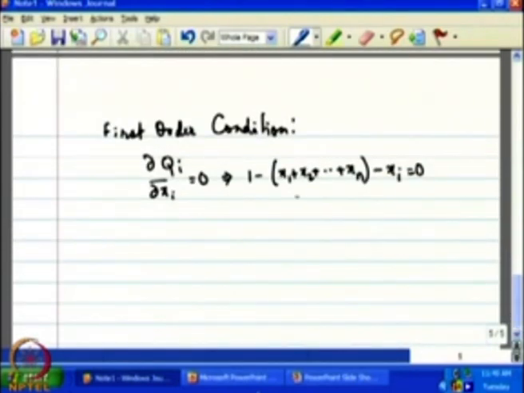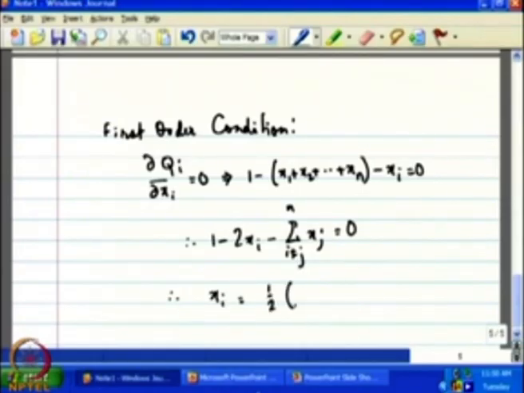Now, there is an xi term in this parenthesis also, which means that 1 minus 2 xi minus the summation of xj, j not equal to i, going to n, is equal to 0, which means that xi is half of 1 minus this.